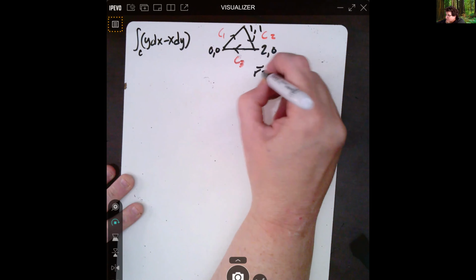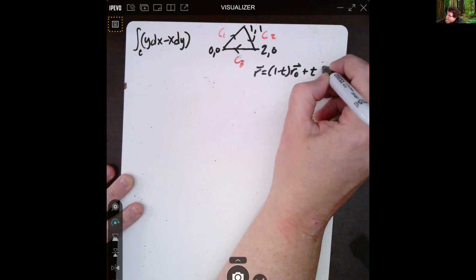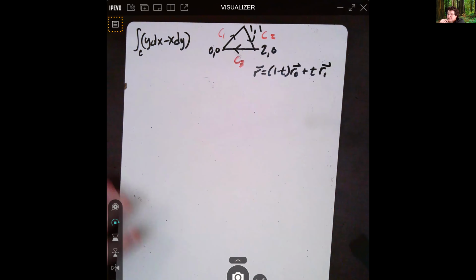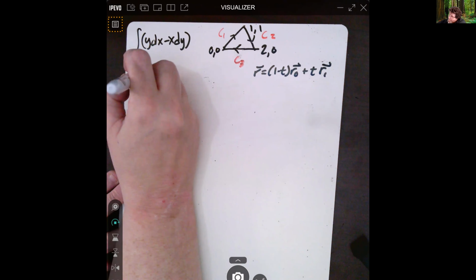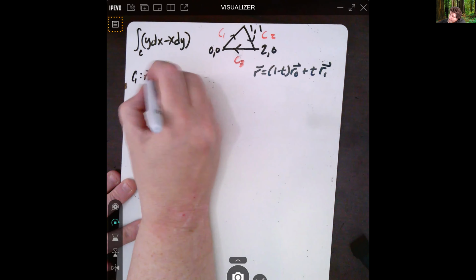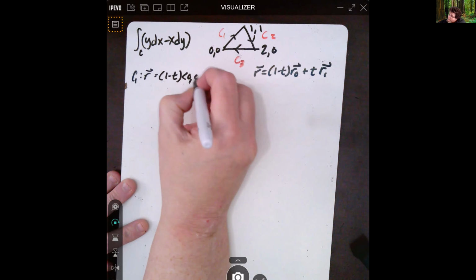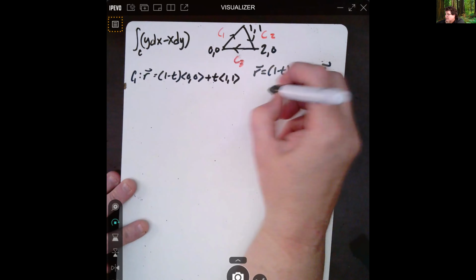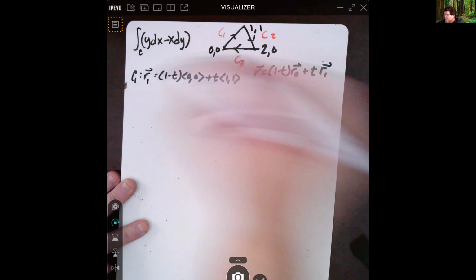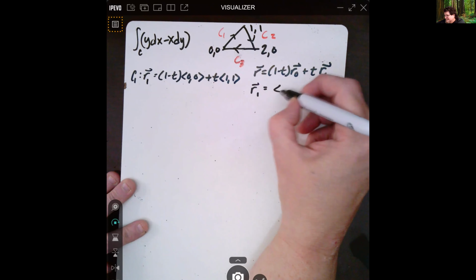Again, R is 1 minus t times R naught plus t times R1. So along curve 1, R equals 1 minus t times 0, 0 plus t times 1, 1. We'll call that R1, and R1 is just t, t.